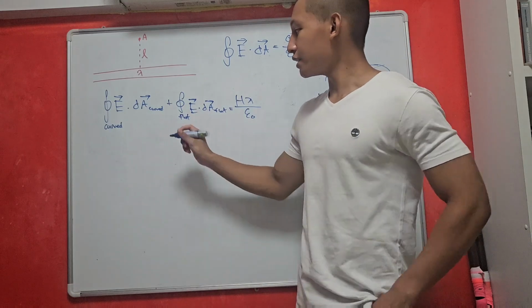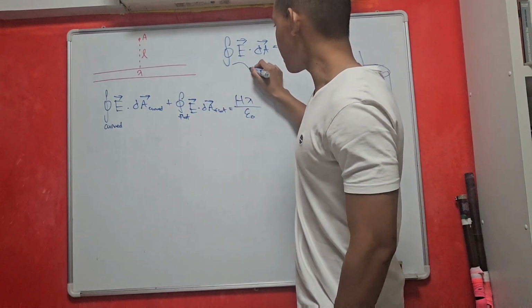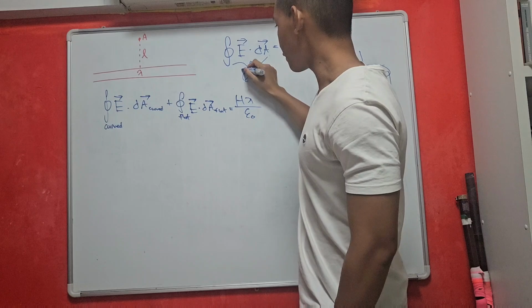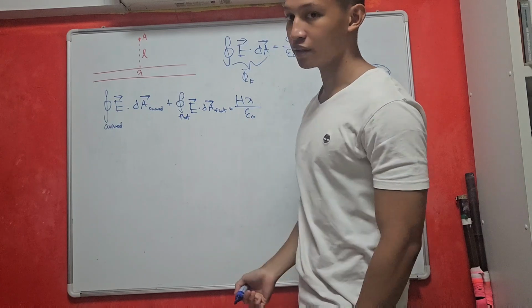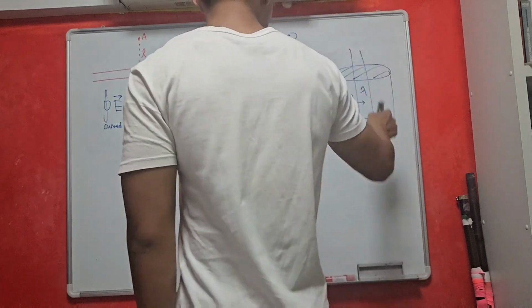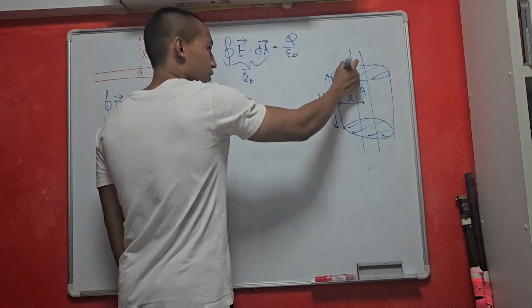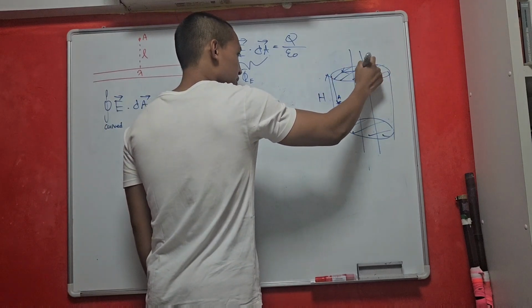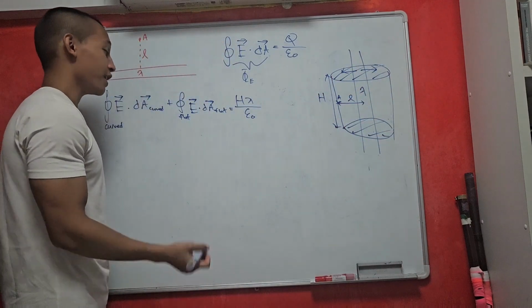Now, if you realize, this is actually the expression for electric flux. Am I right? And if you take a look at the flat surface, the electric field is actually parallel to the flat surfaces.